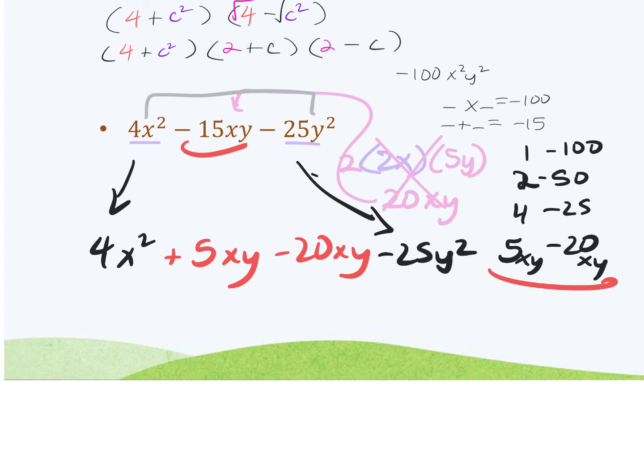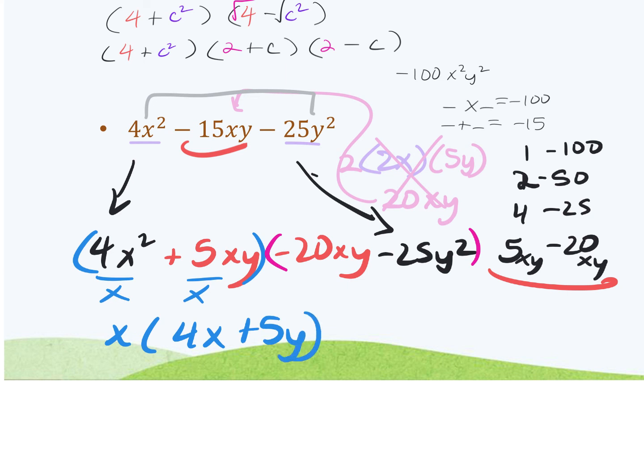Now I make my groups. The GCF of my first group is just the letter x. And the GCF of the pink group is going to be negative 5y.